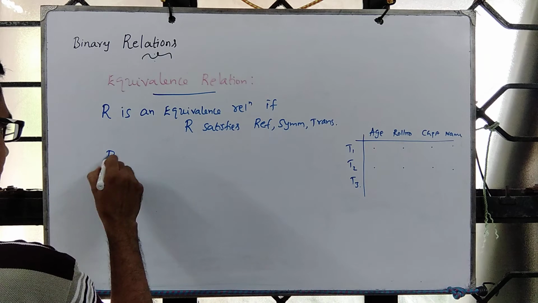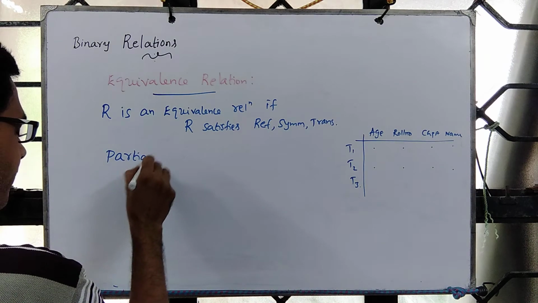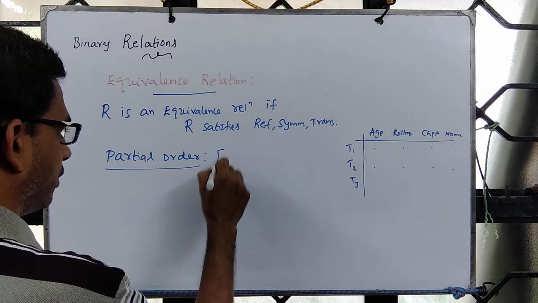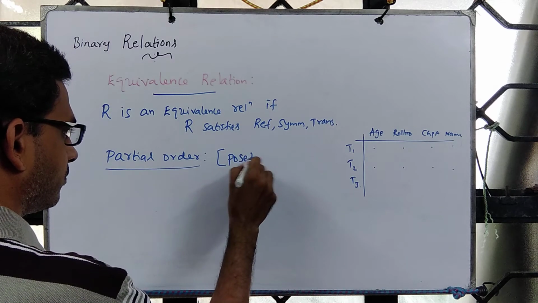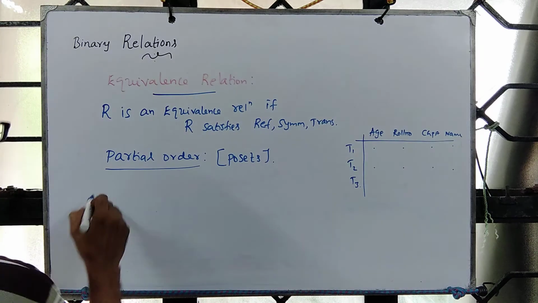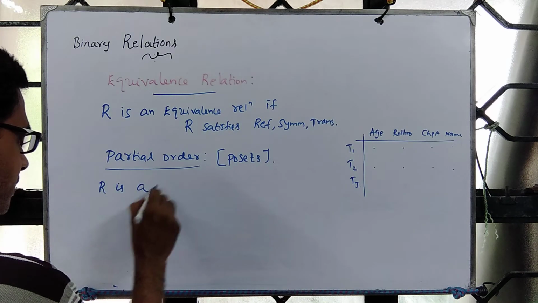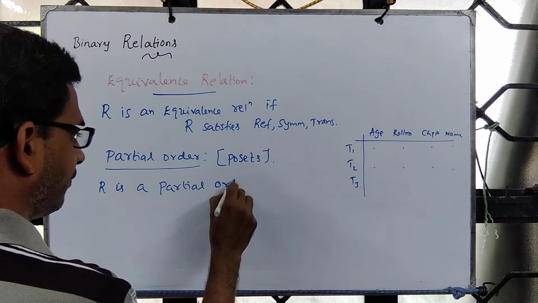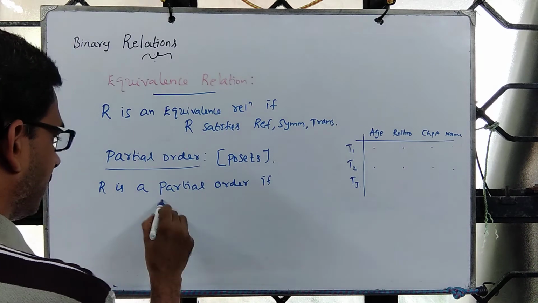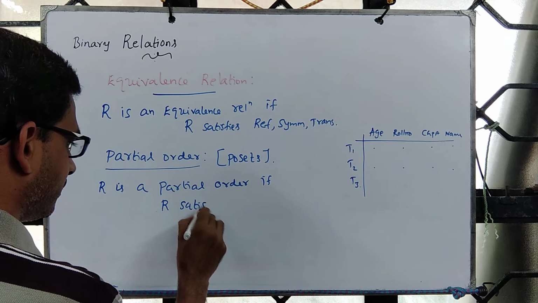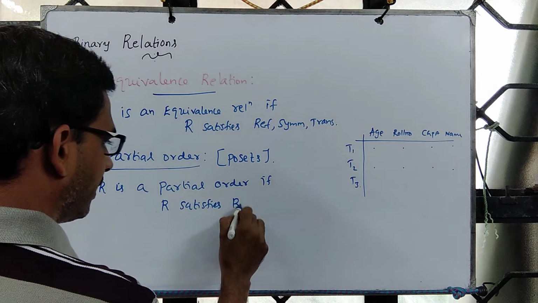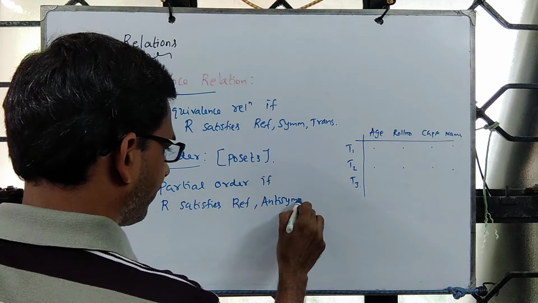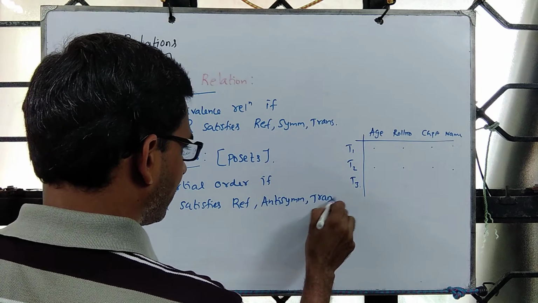We also define something called a partial order, also known as posets. R is a partial order if R satisfies reflexivity, antisymmetric, and transitive.